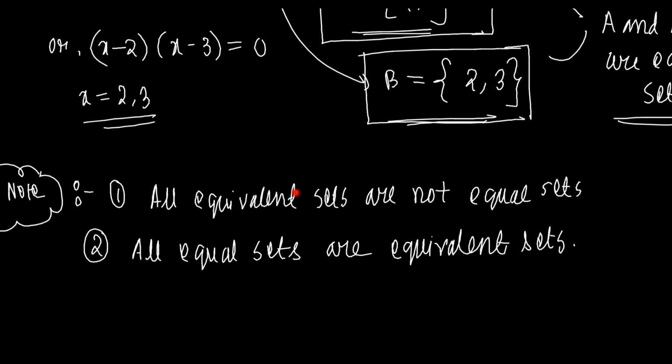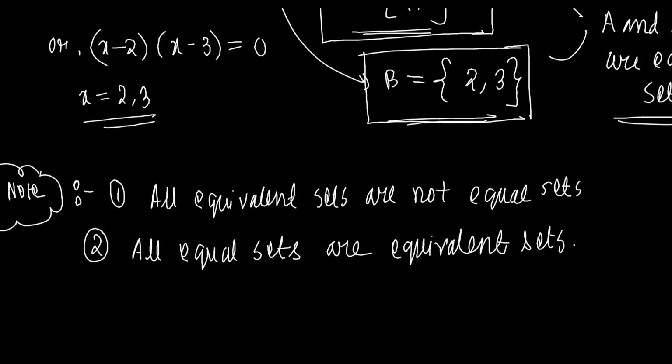So if two sets are equal, then we can directly say that the two sets are also equivalent, because the elements are the same and the number of elements is also the same. But if two sets are equivalent, we cannot directly say that they are equal sets. Okay, so I think you've understood.